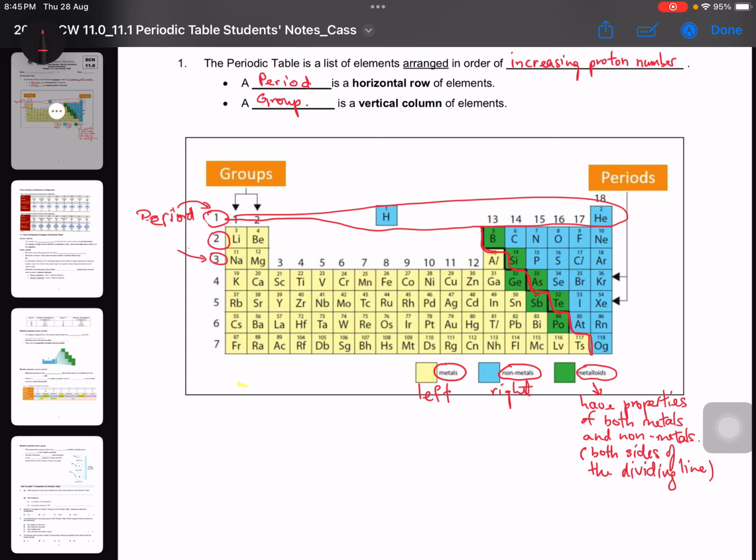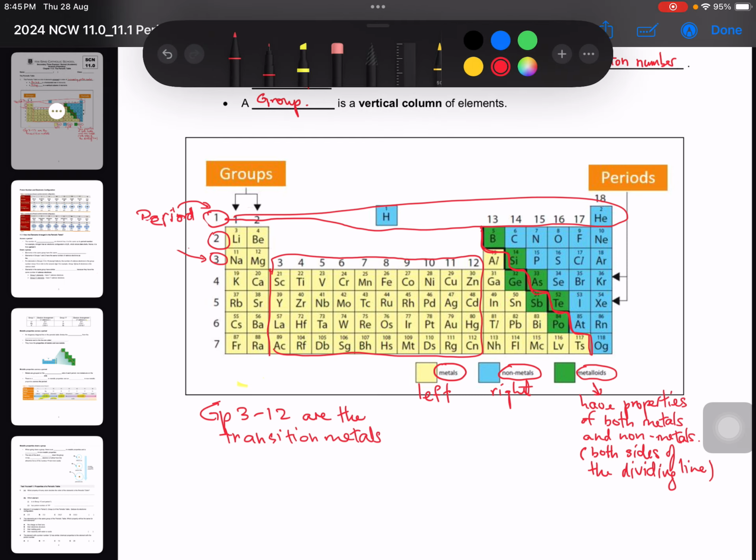Now, there's one set that we haven't talked about, and that would be between group 3 and group 12. This part here, we haven't talked about them yet. All right, so group 3 to group 12, they are what we call the transition metals. So they have a name, they are called the transition metals.